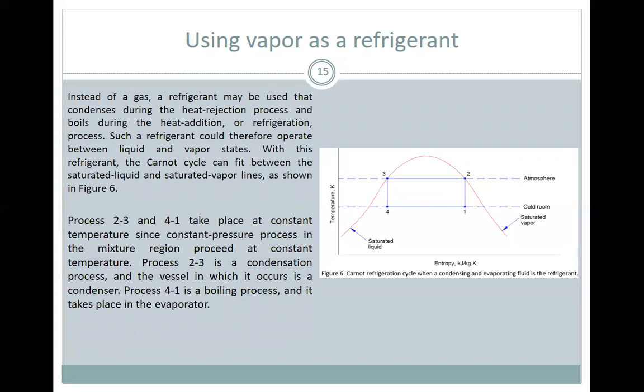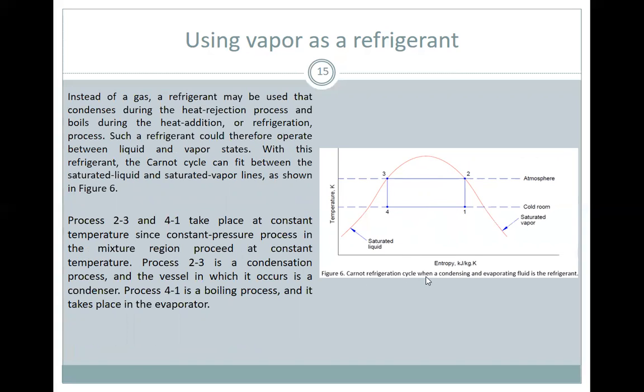Instead of a gas, a refrigerant may be used that condenses during the heat rejection processes and boils during the heat addition or refrigeration processes. So ito, ang advantage ng refrigerant. So this is in the wet region. Parang sa steam din, nag-umpisa tayo sa wet region.